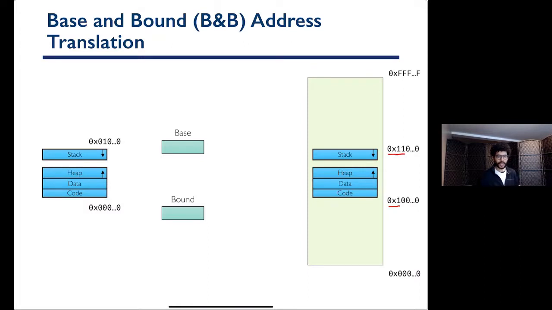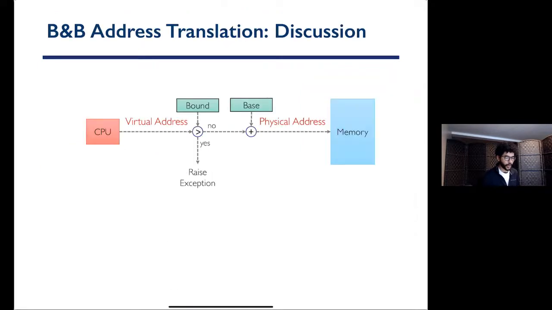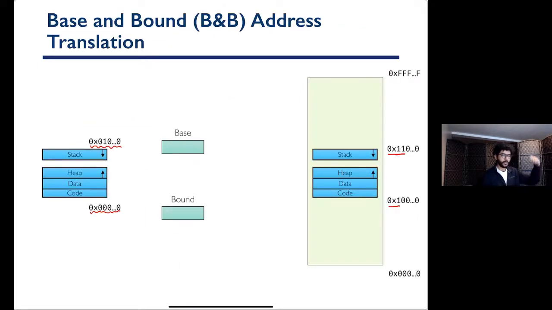So if this is the range that I want to map my program to, I have to note that my program is going to generate addresses from 0000 up to some maximum address. So my program doesn't know where it's going to be mapped. That was the entire idea about virtual memory. So my program doesn't care. It's going to generate addresses from 0 to the max address.